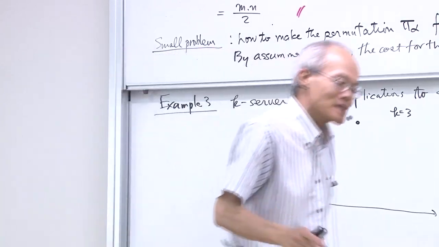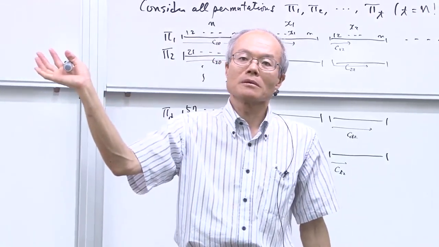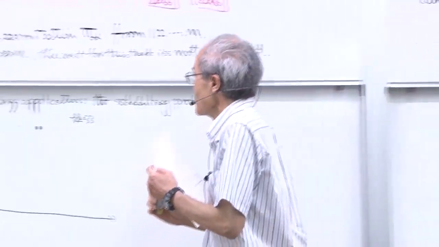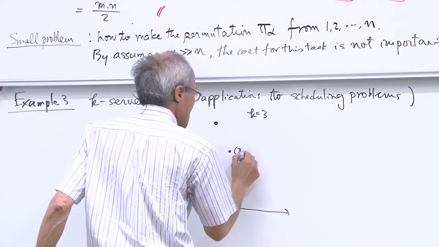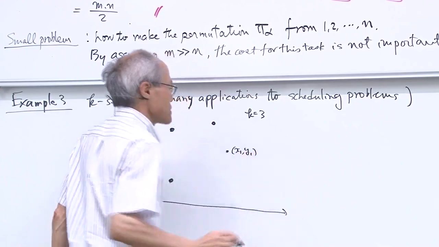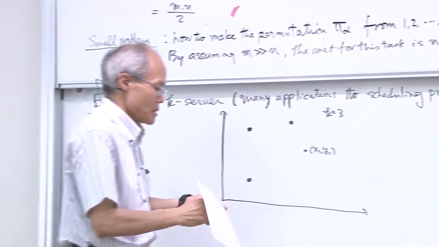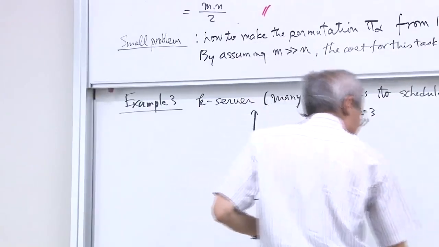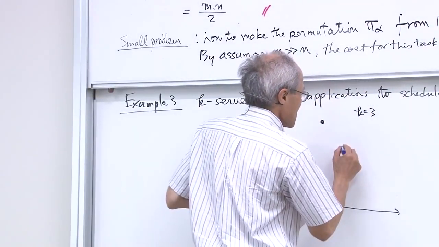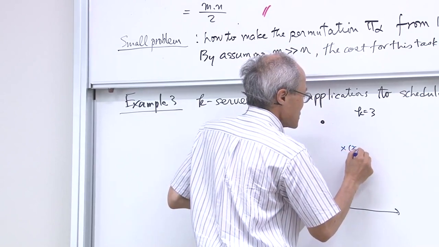Then our request is given as a sequence of positions. The first request is x1, y1 here. This is the first request.